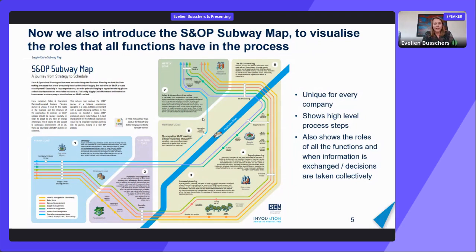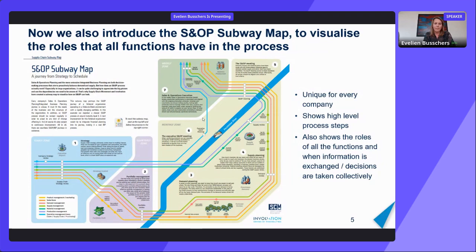Now, we know that very often middle management and higher management have a very clear grasp of an S&OP process as a whole. But for people working in the organization on an operational level, it can be a bit more difficult to grasp the overall process.